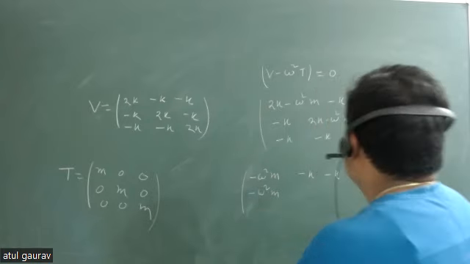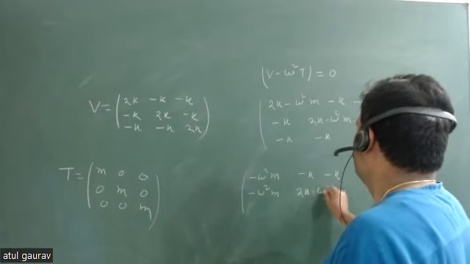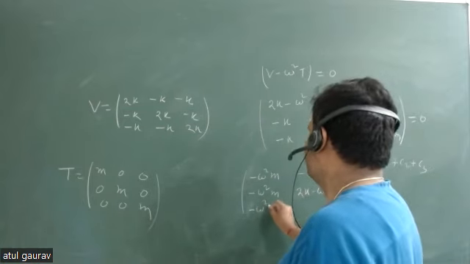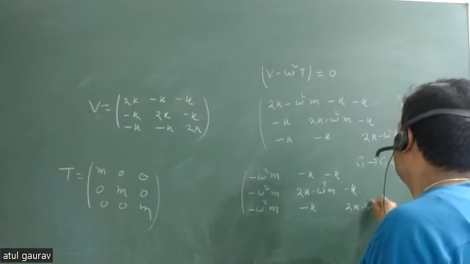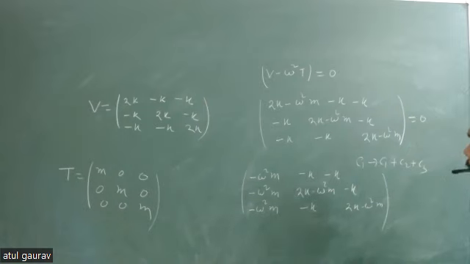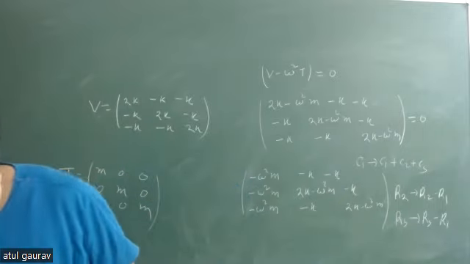You can add it. Yes sir, this minus and this will cancel out. So you have 2k minus omega square m, minus k, minus omega square m, minus k, 2k minus omega square m. What will be the next step? What should be the next step? R2 minus R1. We are doing the operation R3 minus R1. Okay, let's go.